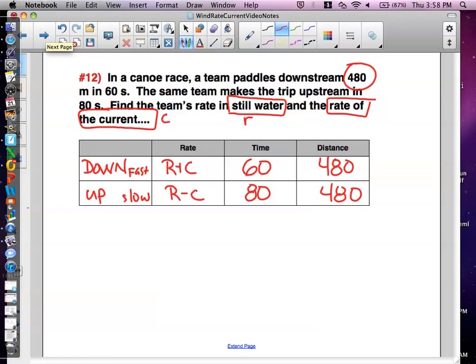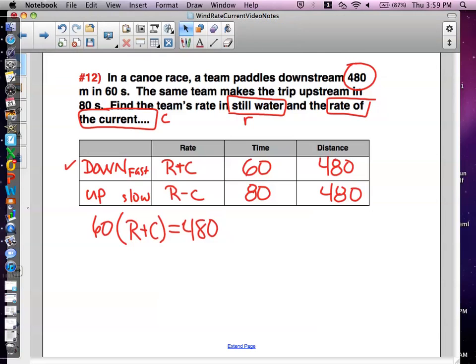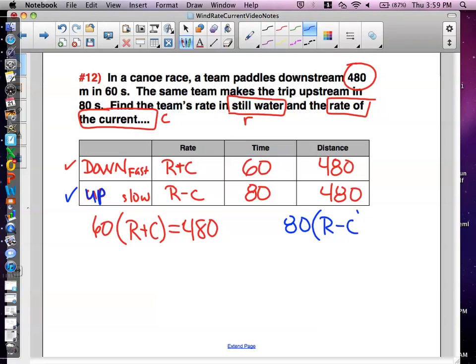So this is actually a round trip problem, but I really don't even need to go there. I can set up an equation taking my downstream trip. This is my downstream trip, and then I'll change to blue for my upstream trip. My upstream trip could be expressed by my time and my rate equaling the distance that I've traveled.